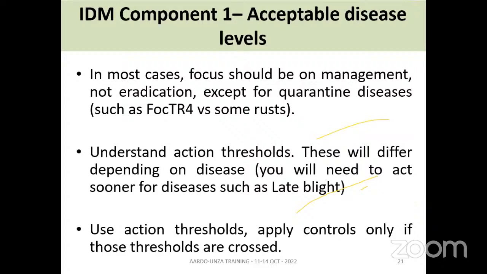For example, I've spoken about acceptable disease levels. As a component of IDM, this idea of setting up acceptable disease levels may vary. I was giving an example of Fusarium oxysporum tropicalis 4. This one is a quarantine pest in most places.